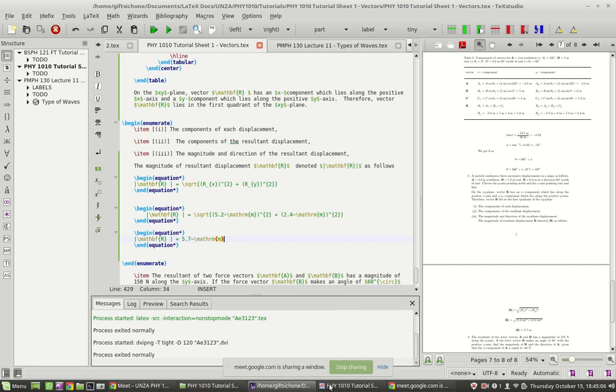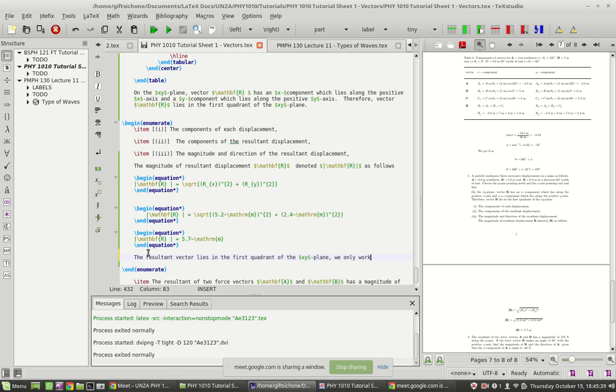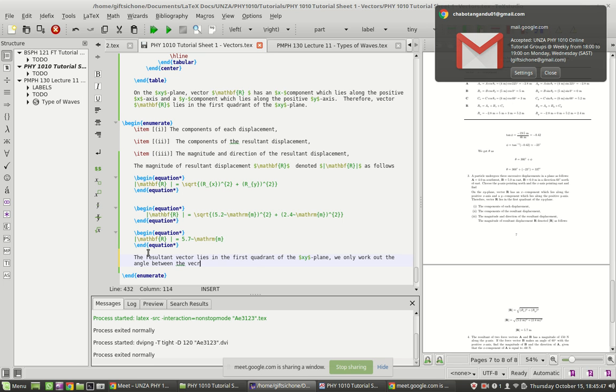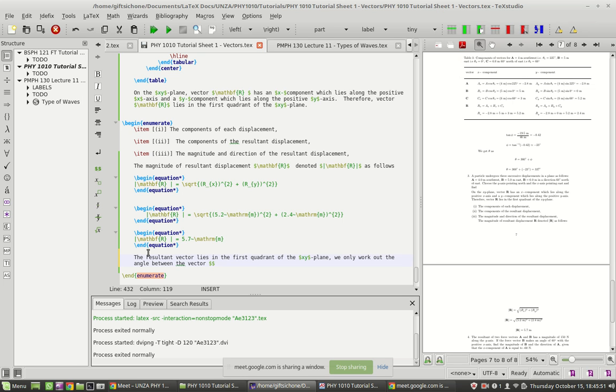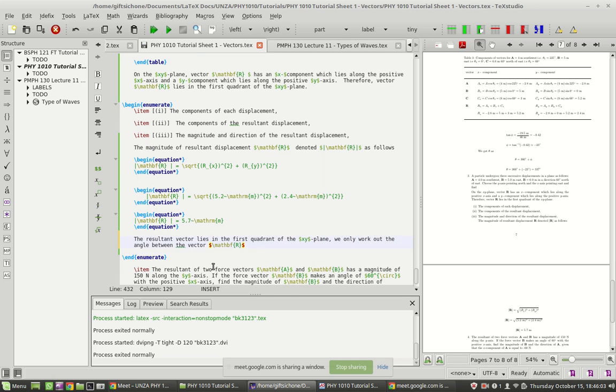Since the resultant vector lies in the first quadrant, in the xy plane, we only work out the angle between the vector and the positive x-axis.